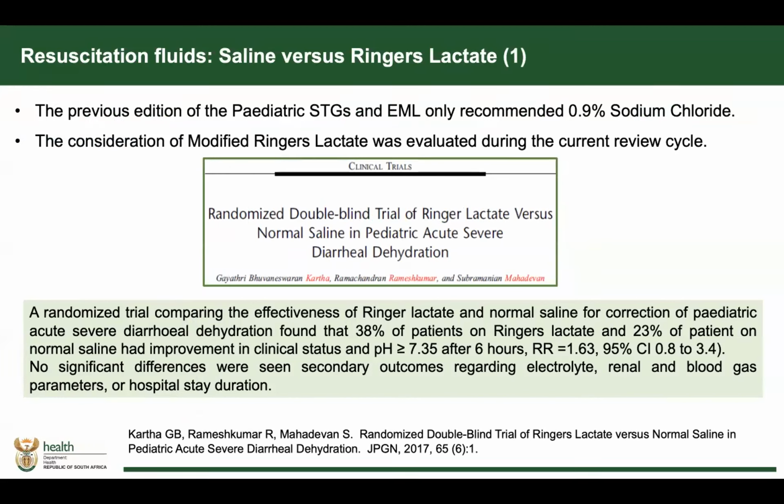And these children essentially were randomized either to receive Ringer's lactate or normal saline in their rehydration phase of their illness for up to 6 hours. And they measured the endpoints biochemically as well as clinically, and essentially found no difference in those who were receiving normal saline or Ringer's lactate.